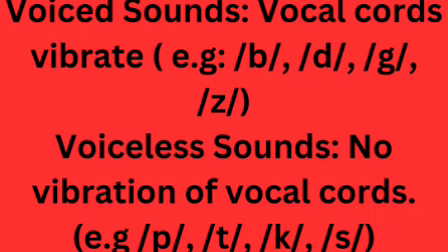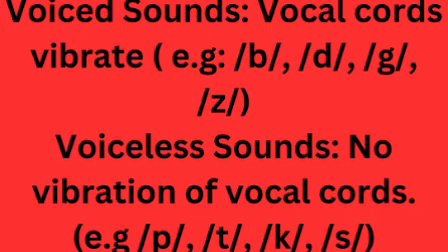Your vocal cords are the apples under your chin. That is where your vocal cords are located. So, I would want you to put your hands there as we produce these sounds and feel the vibration in your vocal cords.